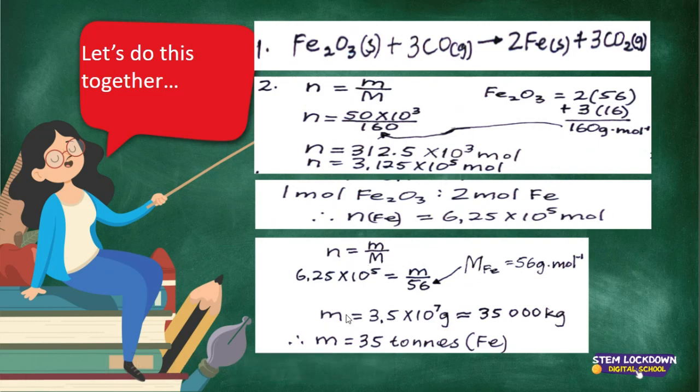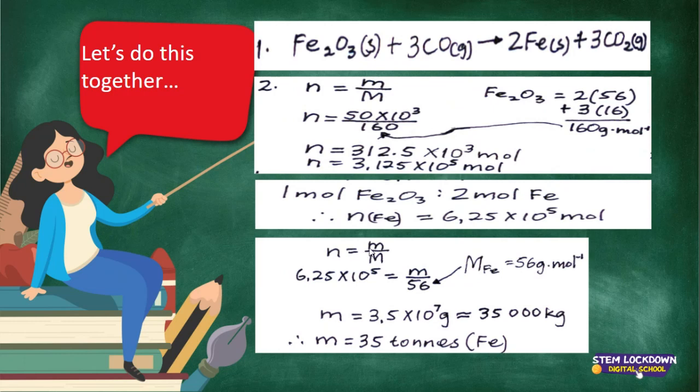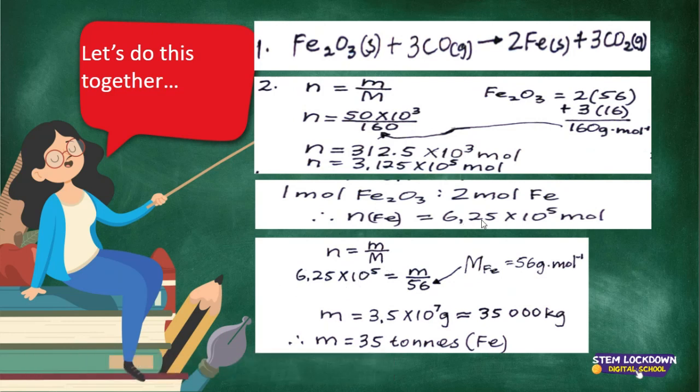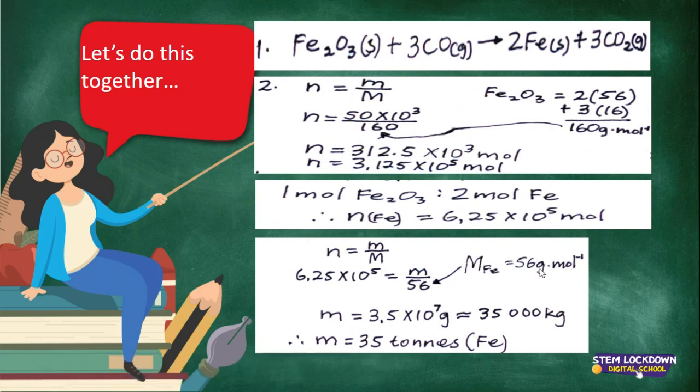We want to know the mass of iron that will be produced. We know the number of moles equals mass over molar mass. The number of moles of iron, we have said, is 6.25 times 10 to the power 5, so we substitute it here, and the mass is what we are looking for. The molar mass of iron is 56.